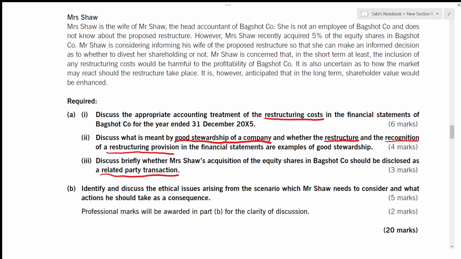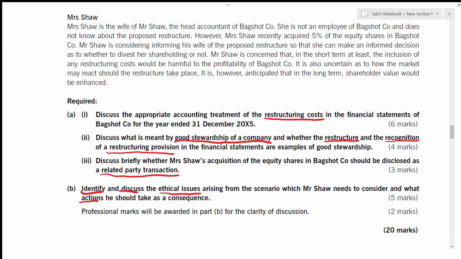You have to give recommendations, right? What actions have to be taken as a consequence. So first is identify, discuss, and actions, right? This is ethical issues. And your professional marks come here for part B, right? Now let's go through this.